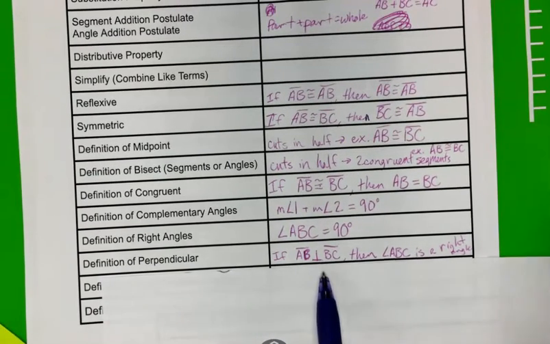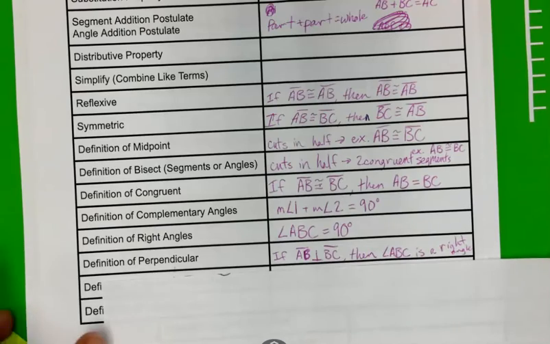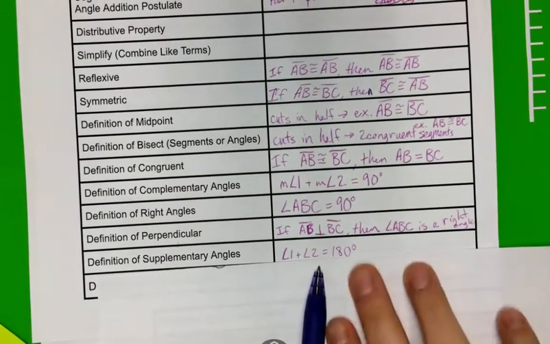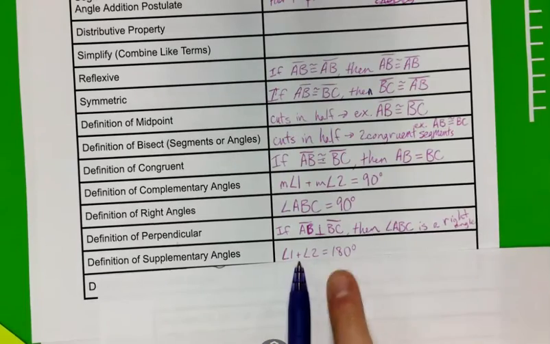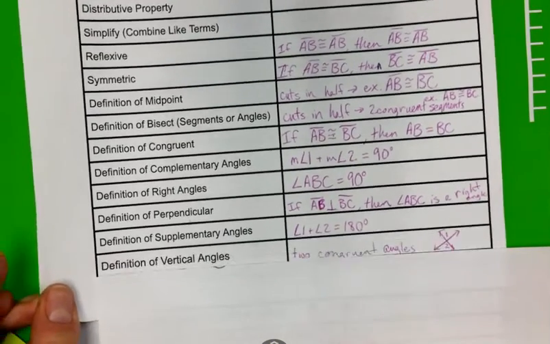Okay, if you see this perpendicular symbol, so if AB is perpendicular to BC, then angle ABC is going to be a right angle. How do we know that? Because we know that perpendicular means right angle, or 90 degrees. We know that supplementary angles means two angles that add up to 180. That's what that one will look like.